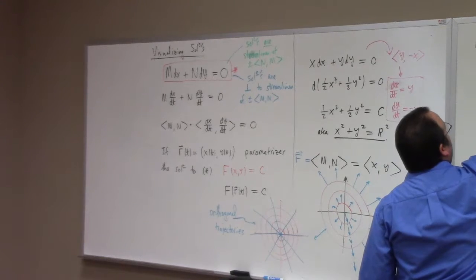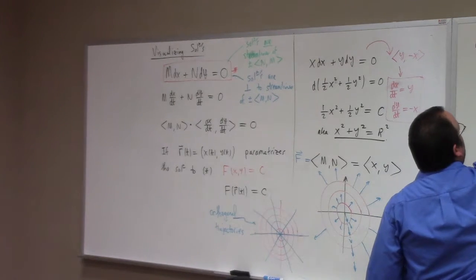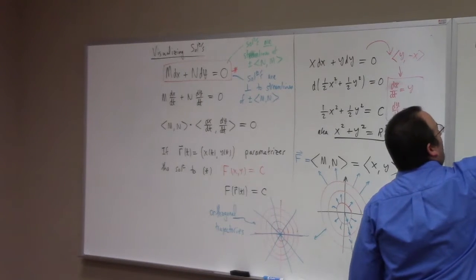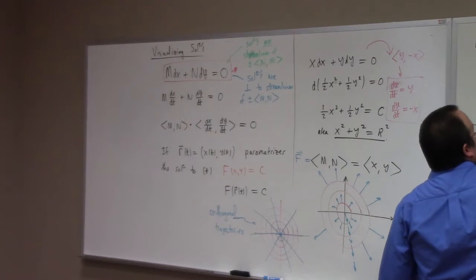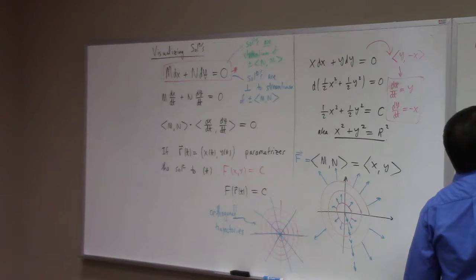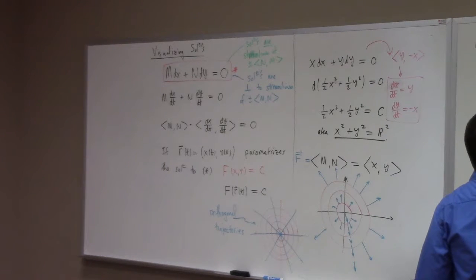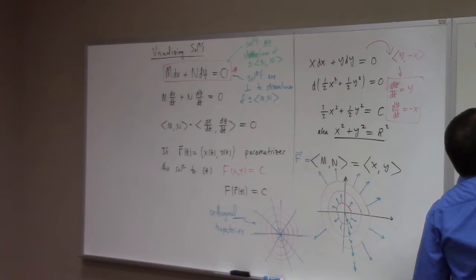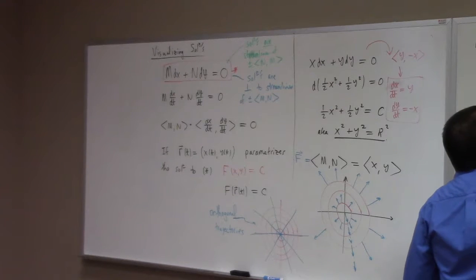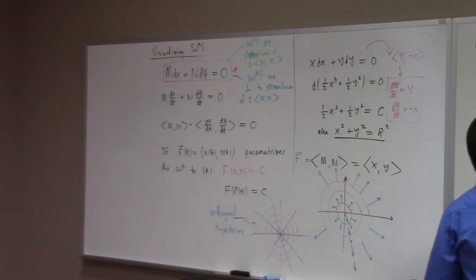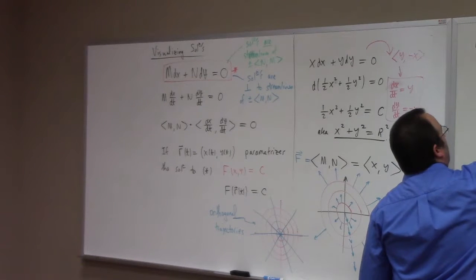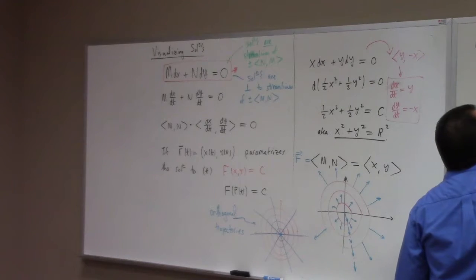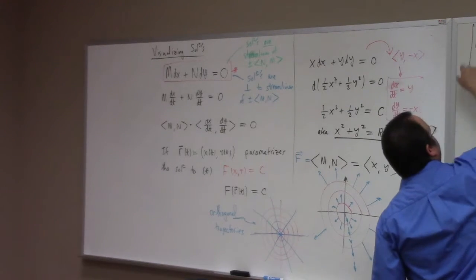If x squared minus y squared equals 1, then find the orthogonal trajectories. And let's trade this 1 for a constant k. Trajectories to this family of curves. All right?